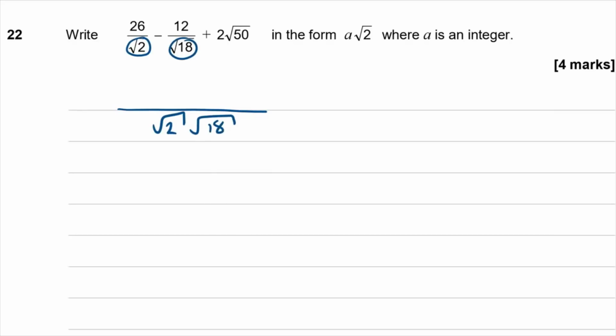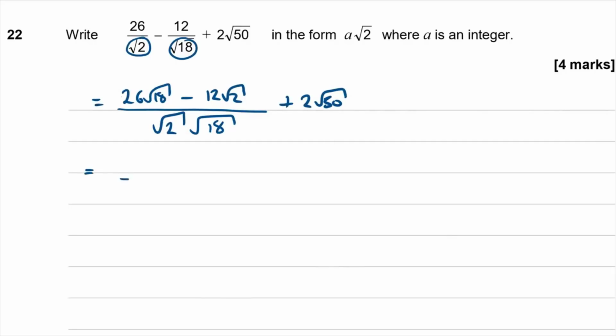So you can see that this root 2 goes into root 2 root 18 root 18 times. So if I multiply 26 by root 18, that kind of works. I've got a minus sign there. And the same, I've got 12 over root 18. So root 18 goes into root 2 root 18 root 2 times. So that's going to be 12 root 2 on the top. I've still got that 2 root 50 I haven't done anything with yet. So I'm just going to leave it there.